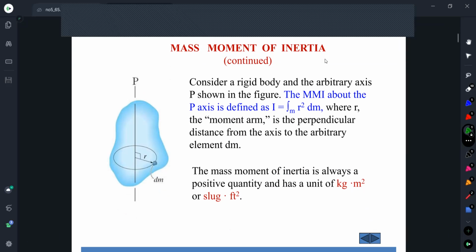The mass moment of inertia is defined as the integral of r squared dm. If we compare with the area moment of inertia, we change dA to dm. The unit is kilogram meter squared, or slug foot squared.